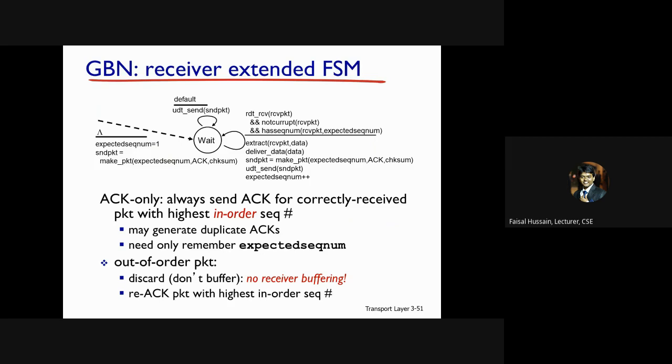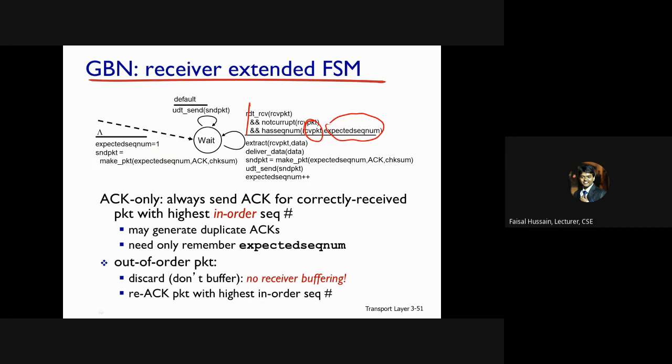So this is the extended FSM, finite state machine, not finite sequence machine, where the receiver side is shown here. In the receiver side, it also checks the received packet against the expected sequence number. You see that in the previous case it was not doing that, because the previous case was Stop-and-Wait ARQ, where there were only two packets, 0 and 1, and you just hard coded it.